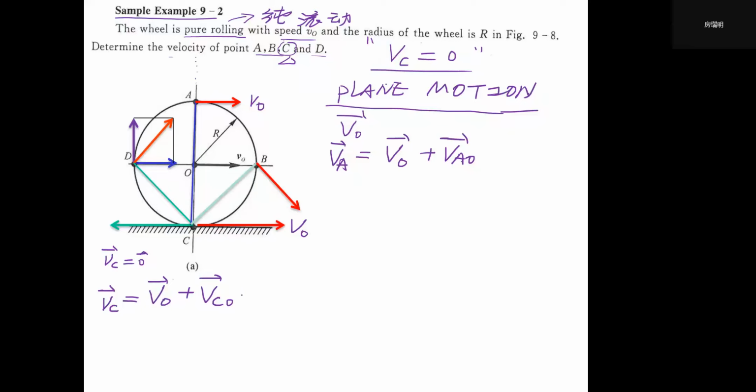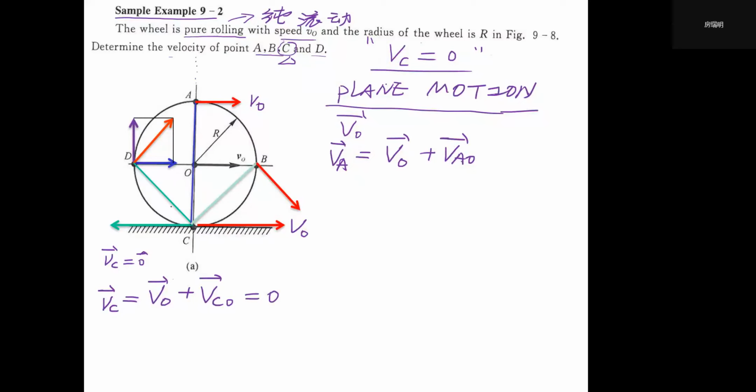Why? Because VC is the absolute velocity of point C, and because of this pure rolling condition, VC equals 0. So these two vectors must be in opposite directions, right? Because V0 is not 0, these two have to be opposite to each other.